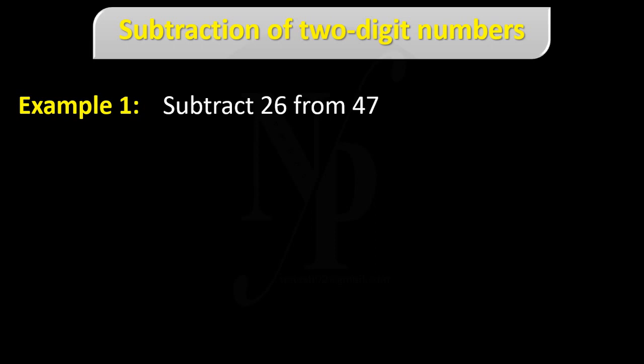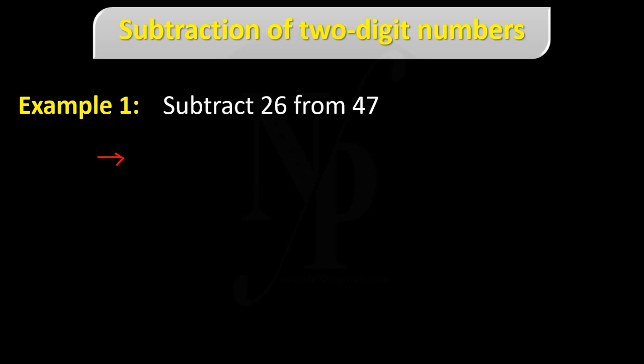So to subtract the given numbers, we will write down the numbers one below the other like this as the solution of this problem. So we have to subtract 26 from 47.